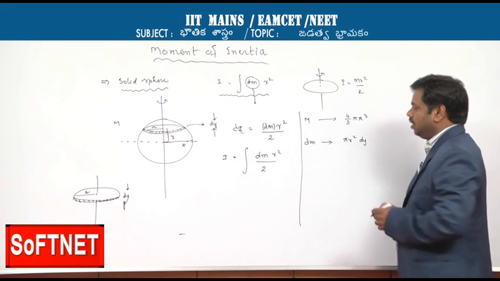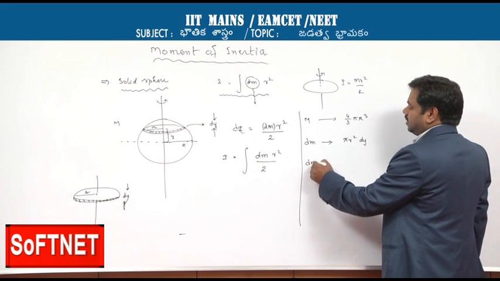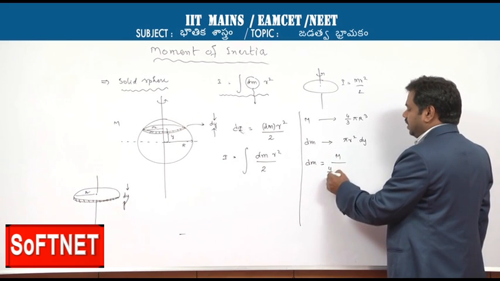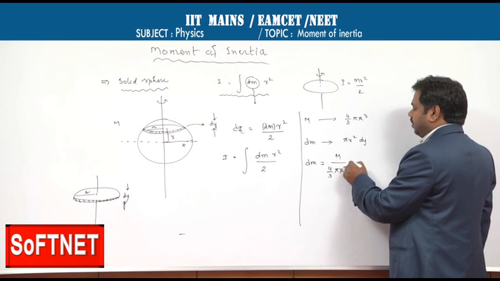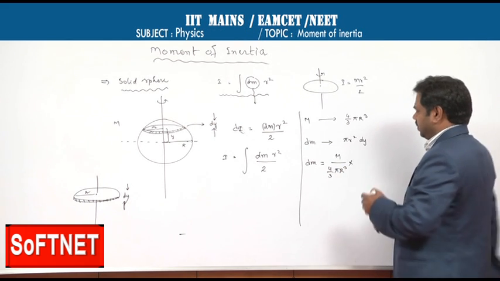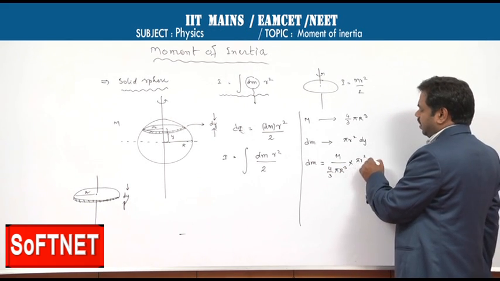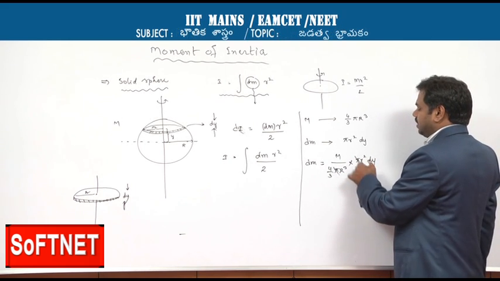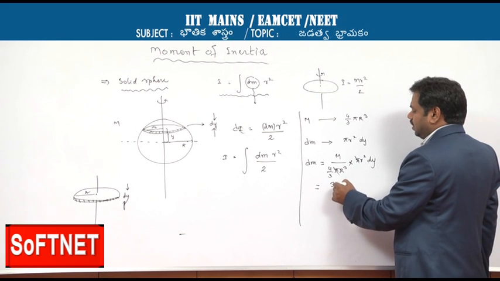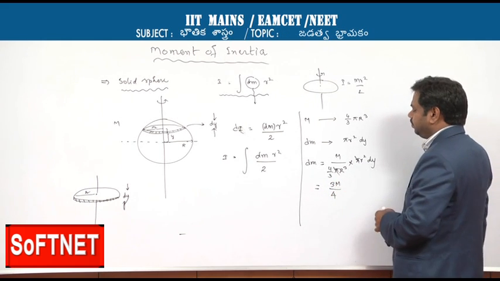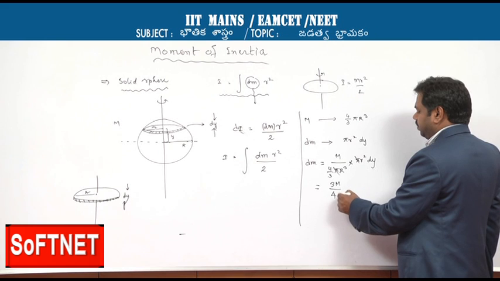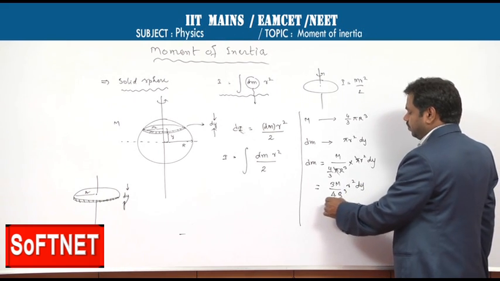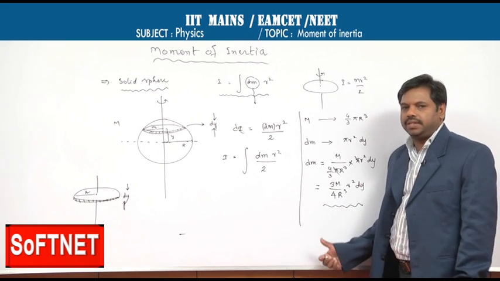Now the mass of the disk: small dm is equal to mass per unit volume, 3M by 4 pi R cube, into the volume of the disk, pi r square dy. Pi gets cancelled, and you get 3M by 4 R cube r square dy. This is the mass of the disk.